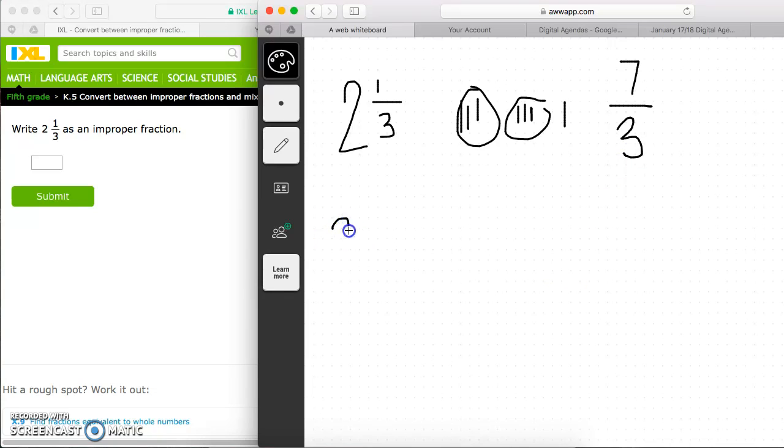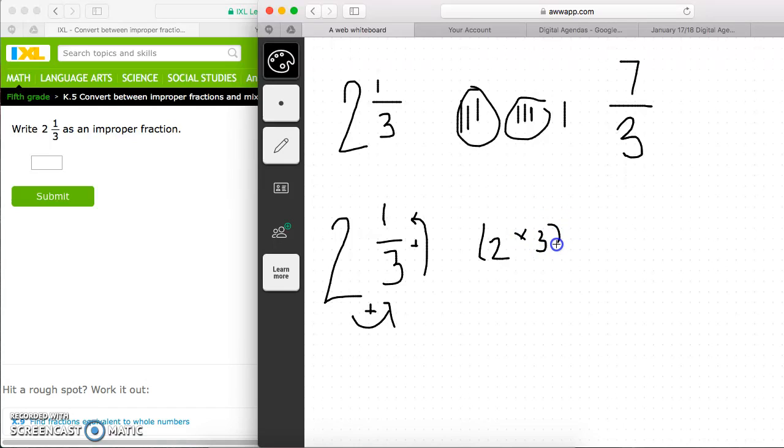Now my other option would have been 2 and 1/3. I could multiply my whole number times my denominator, and then I could add that to my numerator. So this would look like 2 times 3 plus 1.